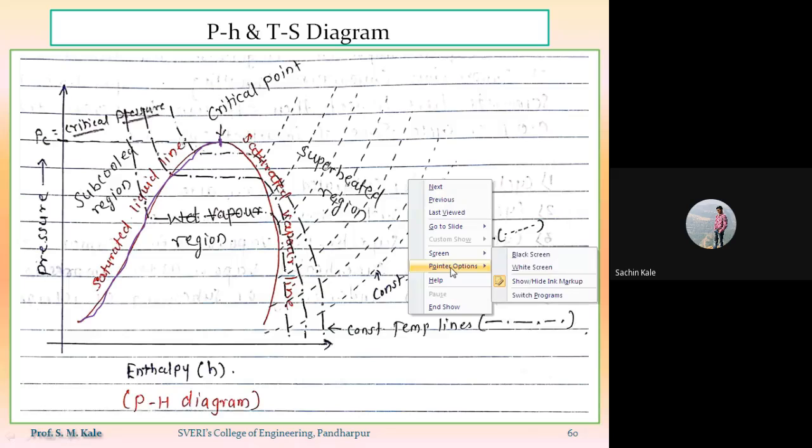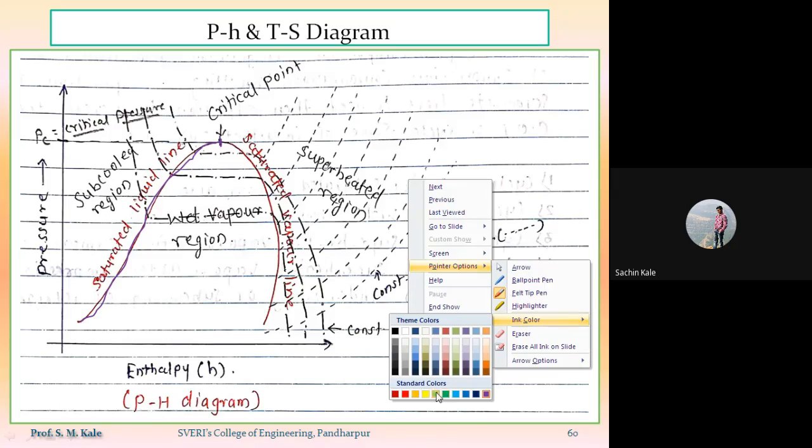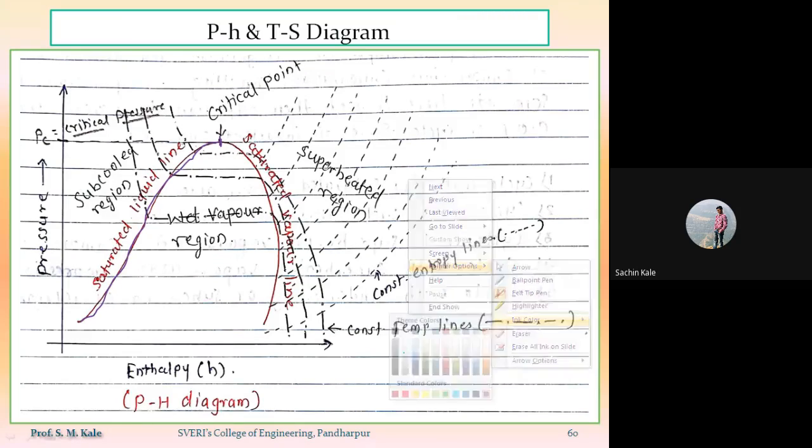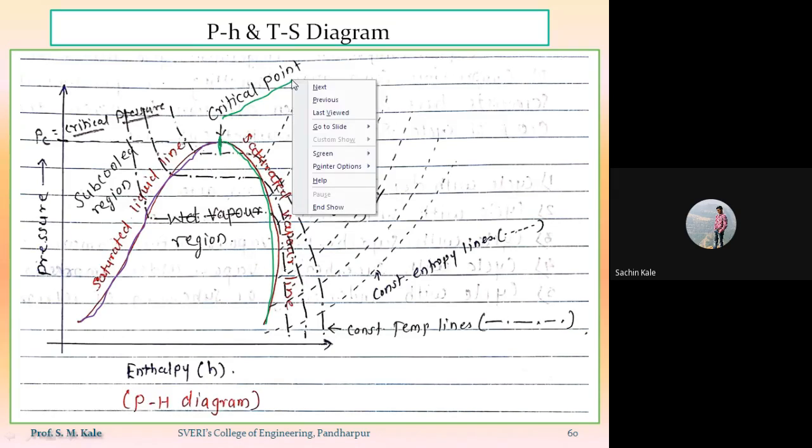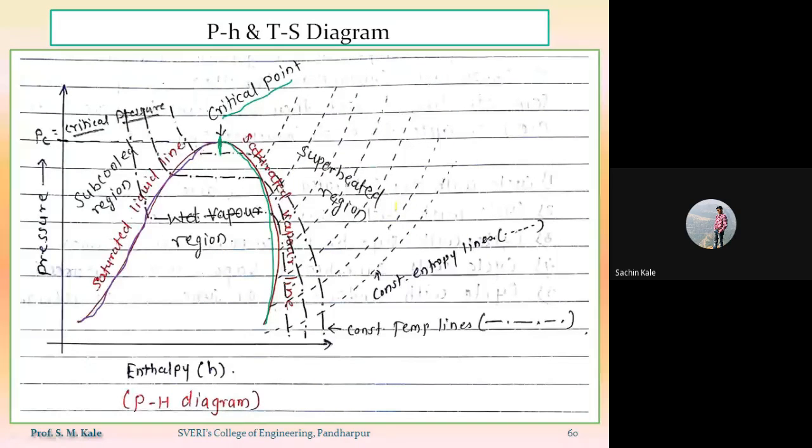There will be another line that is called the saturated vapor line. Whatever other line you are observing here is called the saturated vapor line, and the point at which the saturated liquid line intersects with the saturated vapor line is called the critical point.